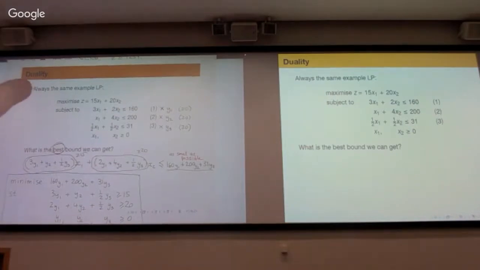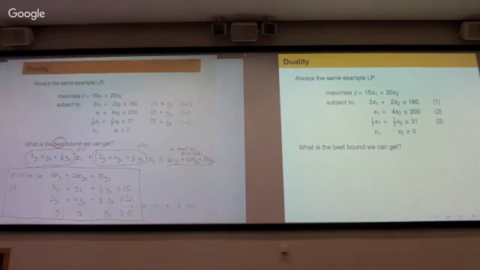Quite fancy. Do you like it? It's very exciting, isn't it? So we tried to solve a linear programming problem with x's.